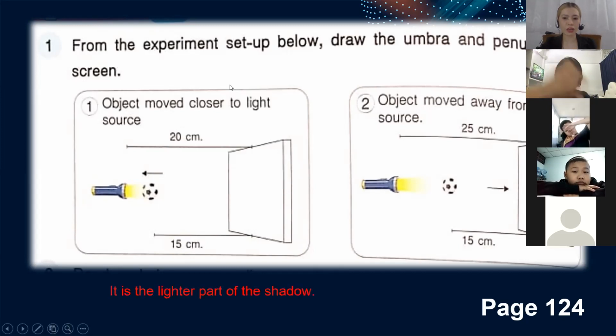Okay, draw the shadow. And for number 2, object moved far away from the light source. Will the umbra and penumbra be bigger or smaller? Okay, draw your shadow now. Okay, number 1, what will be your answer? Is the umbra bigger or smaller?